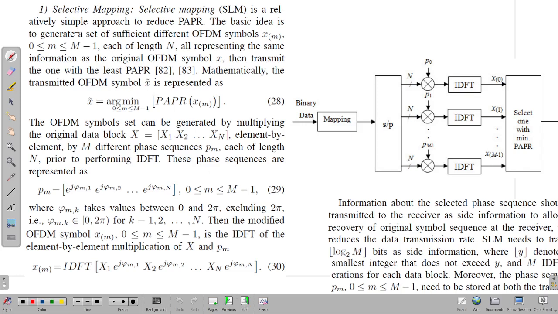The first method we are going to learn is selective mapping. Selective mapping, short form SLM.